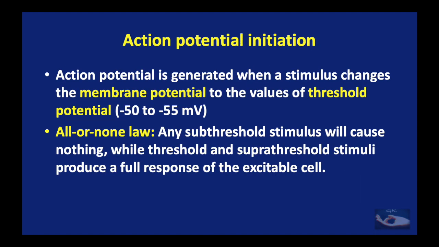The action potential can be generated only when the stimulus changes the membrane potential to the values of threshold potential, which is around minus 55 millivolts. And here the all or none law comes into play. Any subthreshold stimulus will cause nothing, while threshold and supra-threshold stimuli produce a full response of the excitable cell.